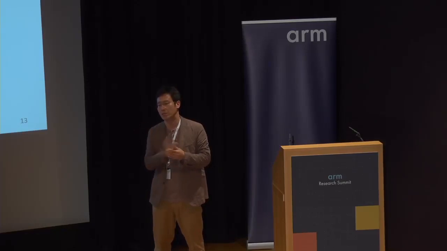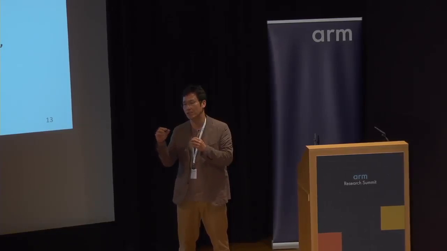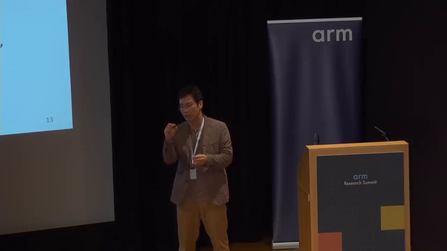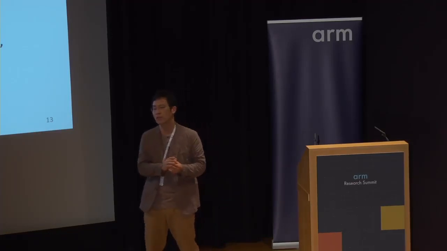But in the case of this particular work, we didn't consider control flow checking. With these software redundant multi-threading techniques, we consider synchronization points, that is, memory operations like load operations and store operations.